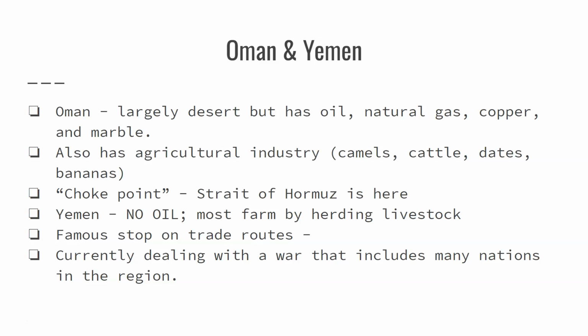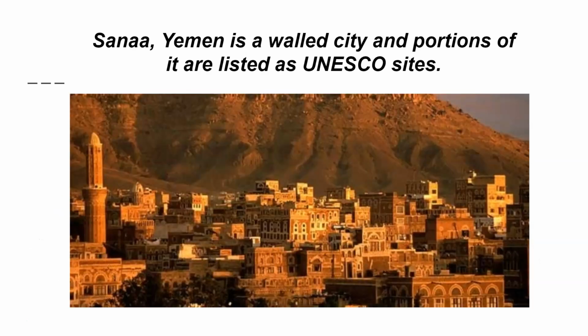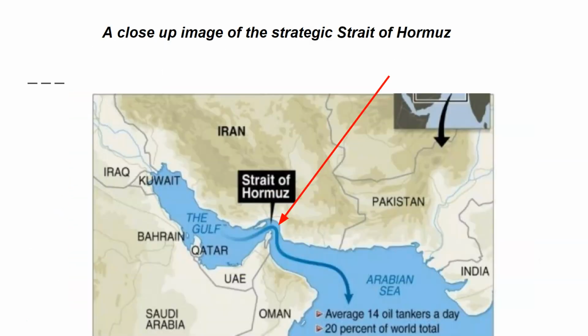You'll see the Strait of Hormuz, which is a natural choke point. It connects the Persian Gulf to the Arabian Sea, and it's an important place of trade in the Middle East.